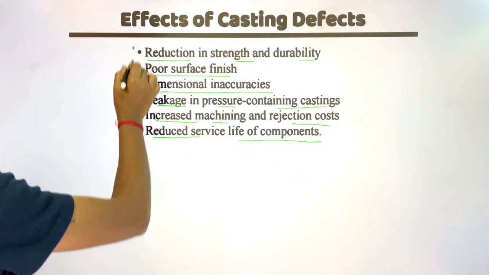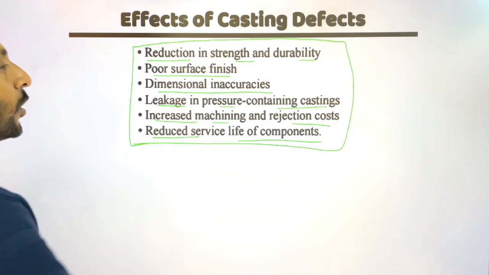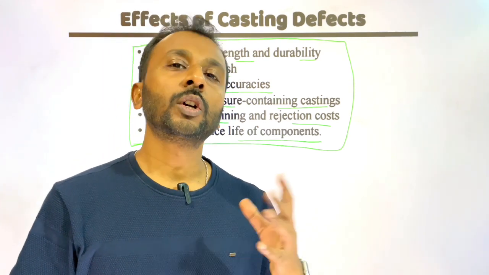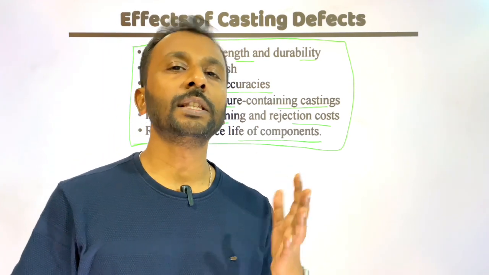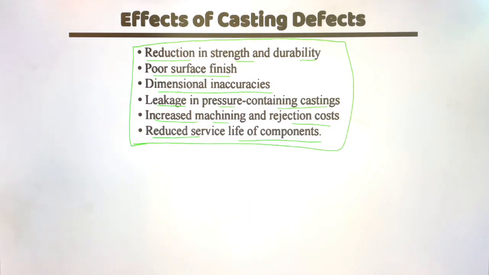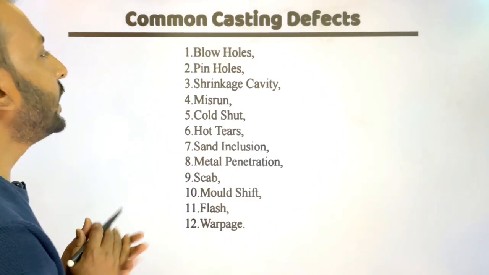So from these points we can understand that the overall life of the product may get reduced. The cost, the strength, the surface finish will be reduced. So we have to know the casting defects in a very proper way.